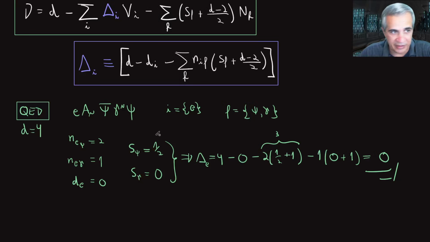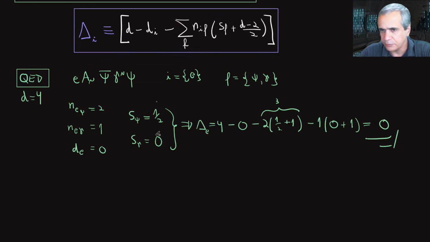Let's look at another example, which is also a very important one, the Yukawa interaction, an interaction between fermions and scalars. Usually we write it like this. Sometimes people use G for the coupling; I like Y for the coupling.